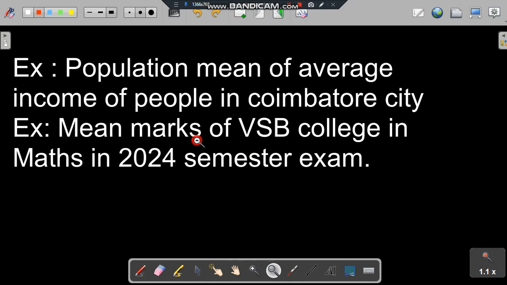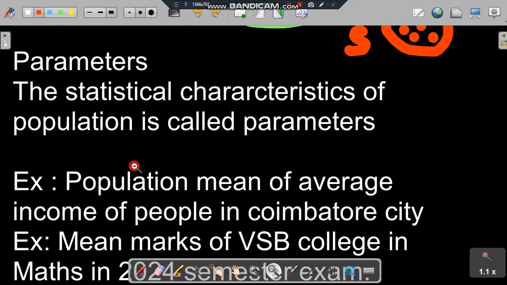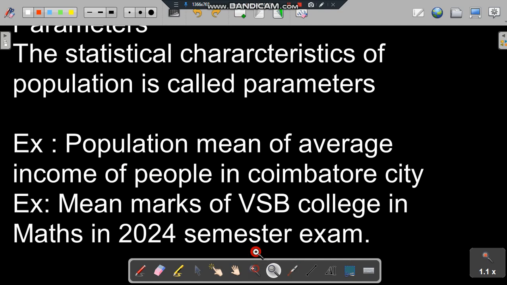This mean marks in maths is one characteristic of the population VSB College, and this is also a good example for parameters.